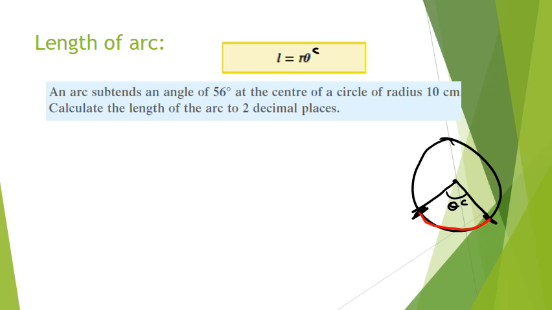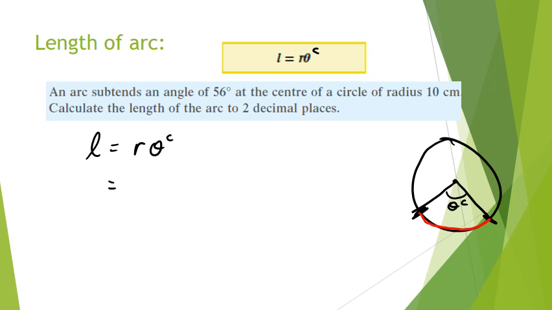So, an arc subtended by an angle of 56 degrees with a center of a circle of radius 10 centimeters. Calculate the length of the arc correct to 2 decimal places. So, it says the length is equal to r times theta in radians. What's r?